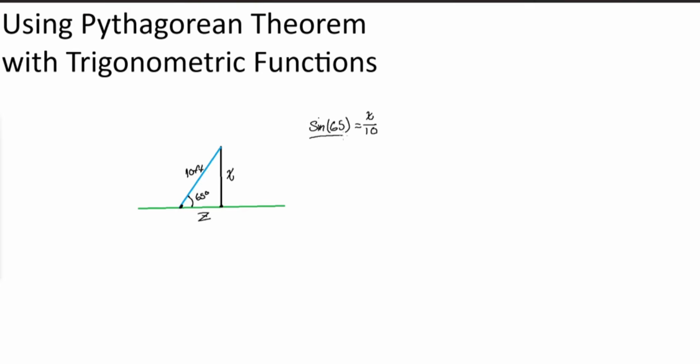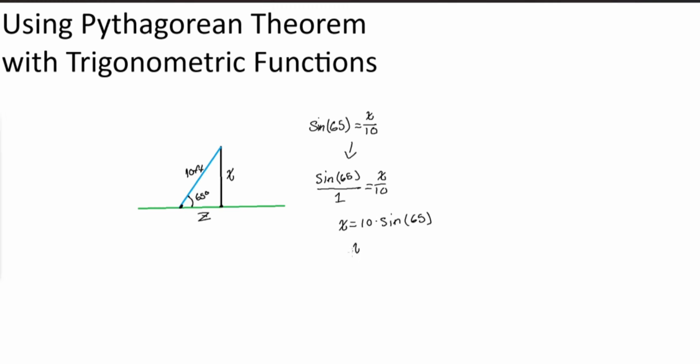Let me just rewrite it. So this converts into sine of 65 over 1, which is equal to x over 10. Then we can cross multiply, so x times 1 is x, and then we'll do 10 times sine of 65.